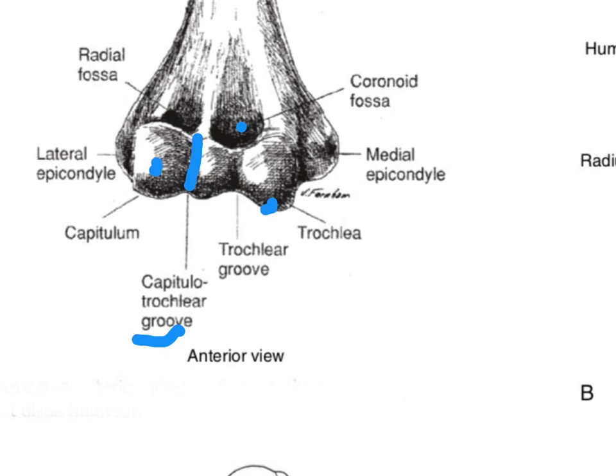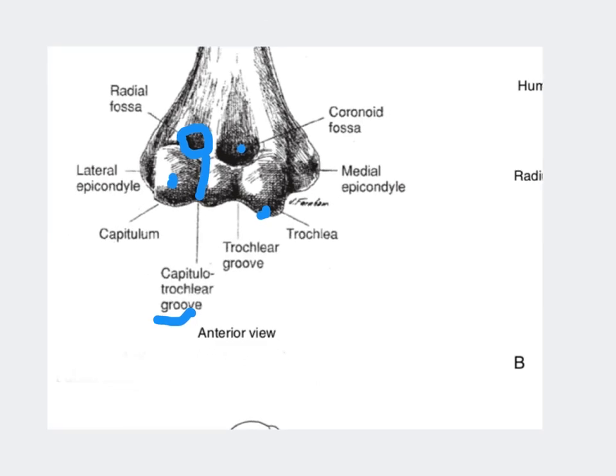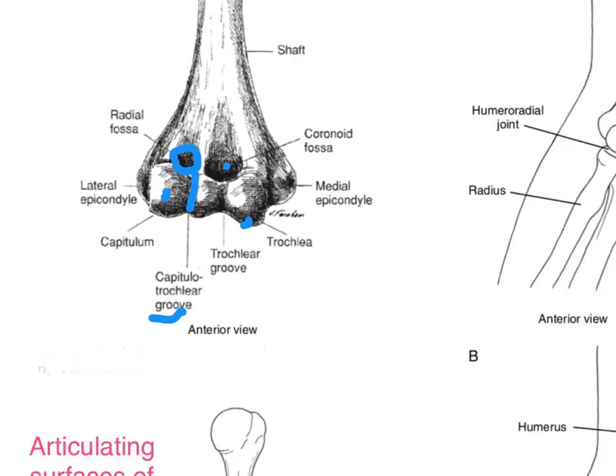An indentation is located on the humerus just above the capitulum, called the radial fossa, and this fossa is designed to receive the head of the radius in elbow flexion.